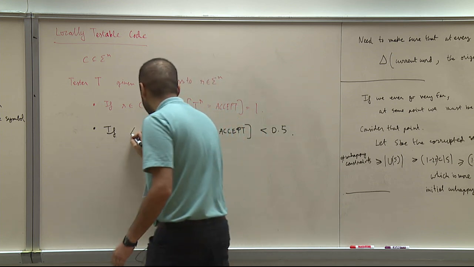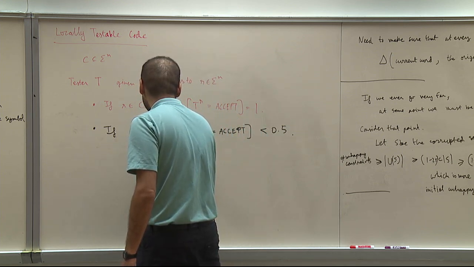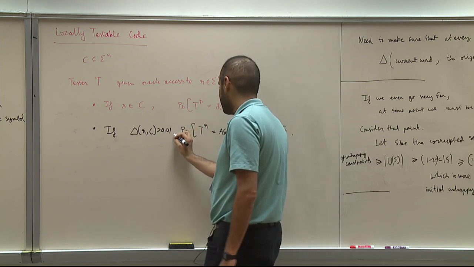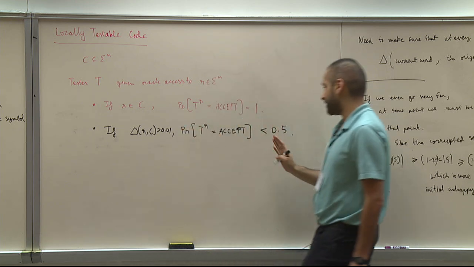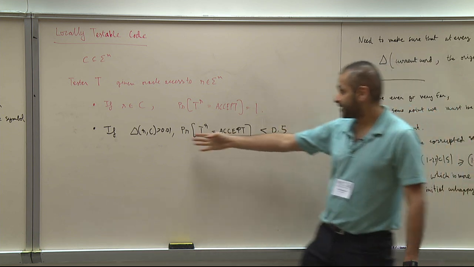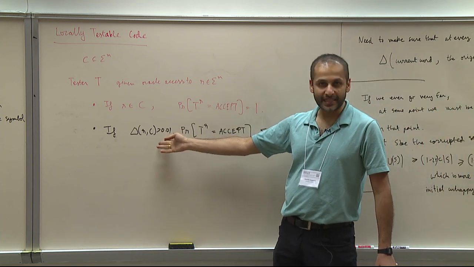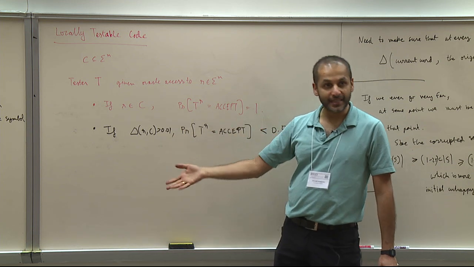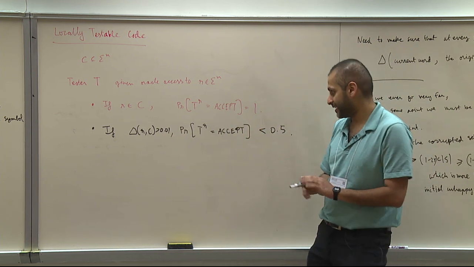So if the distance between R and C is greater than 0.01, this is the relative Hamming distance, then the probability of acceptance is less than 1. And once you do this, then potentially 100 queries will witness this with pretty good probability. So you can hope to do it with a constant number of queries into the received word or at polylogarithmic time.